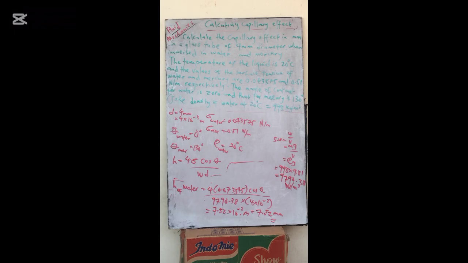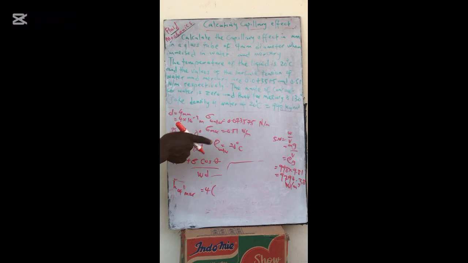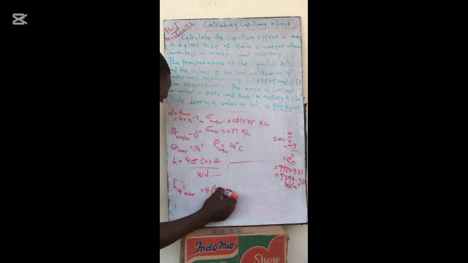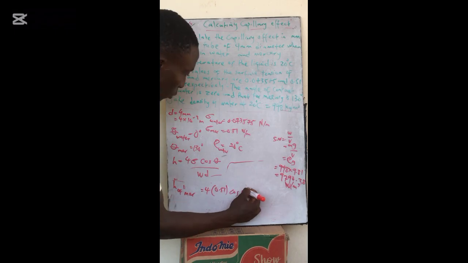Now, if you want to calculate for mercury. So for mercury, using the same formula, we are going to be having 4. But remember that mercury has its own surface tension, which is 0.51. So you put 0.51, and your cos, your angle of contact for mercury is 130. So put 130 there.